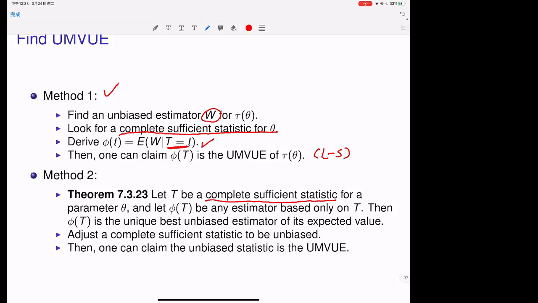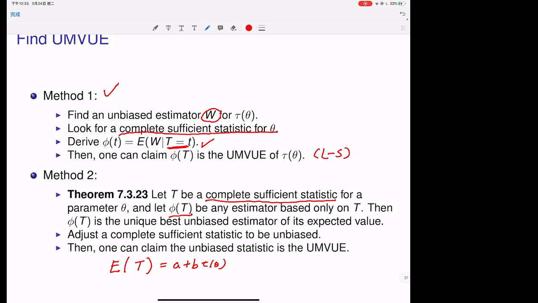Another method is you work directly on a complete sufficient statistic. Usually we only work on T only. For example, a lot of times if T is a complete sufficient statistic, you work on the expression of T and cross your fingers that eventually it's a plus b tau theta.